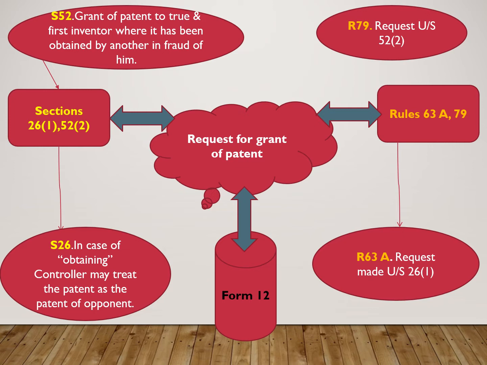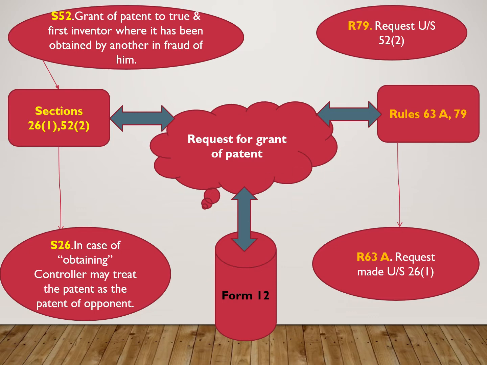So in this way all these things are related, that means the form, the sections and the rules. So what is the keyword here? The keyword here is the grant of patent, and we have discussed the conditions and requirements needed to establish the relation between these three, and this is done in form 12. Okay.